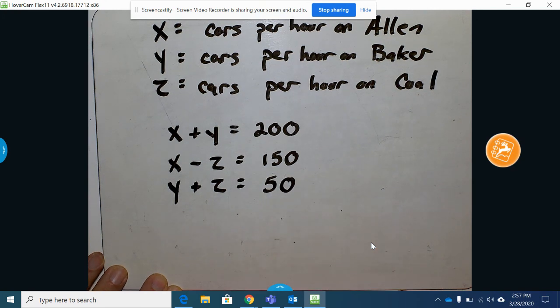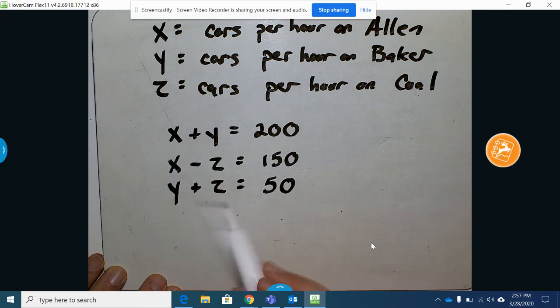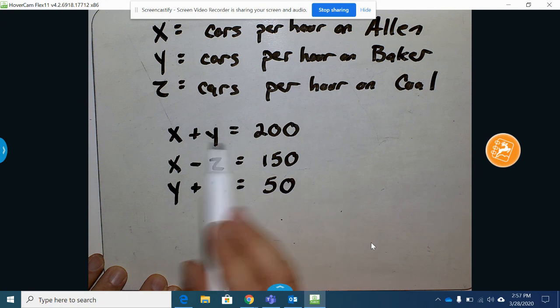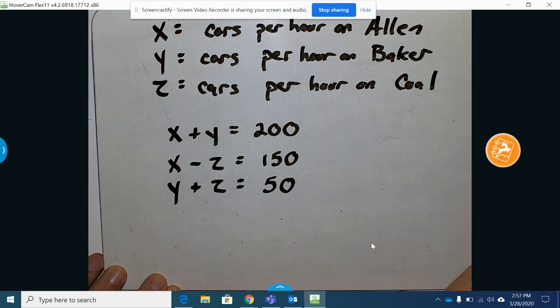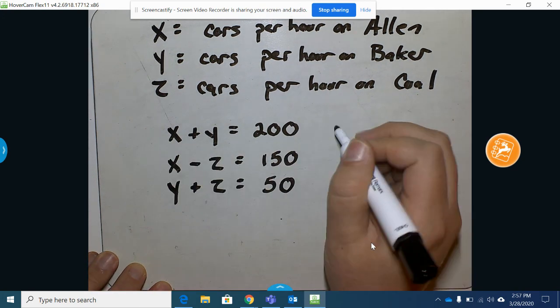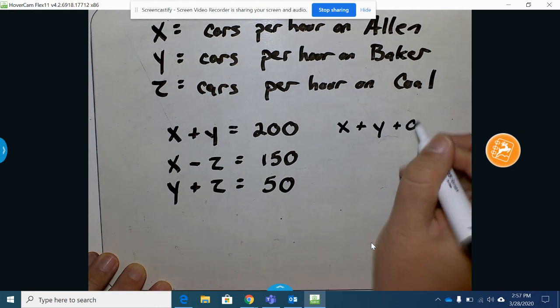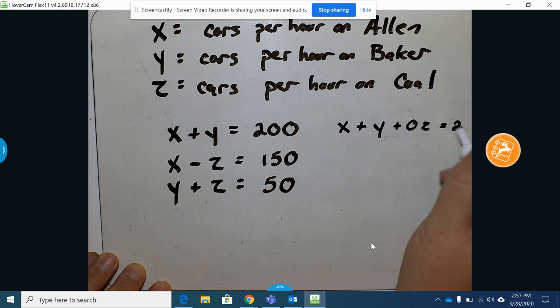All right. What we notice here is that we do have three equations and we have three variables, but we do not have all three variables in each equation. So I have to rewrite them that way before I write my augmented matrix. I am missing a Z in my first, so I can write that as X plus Y plus 0Z equals 200.